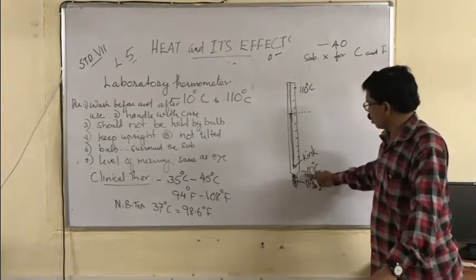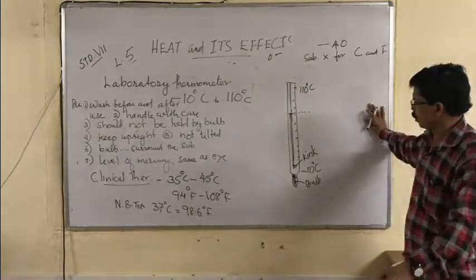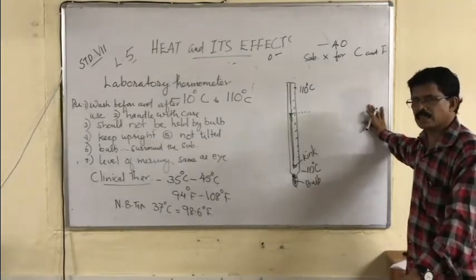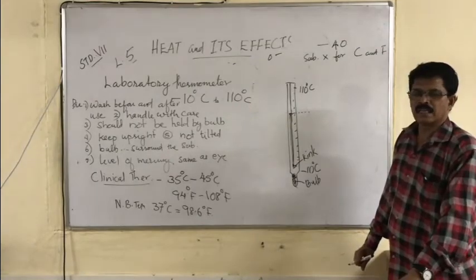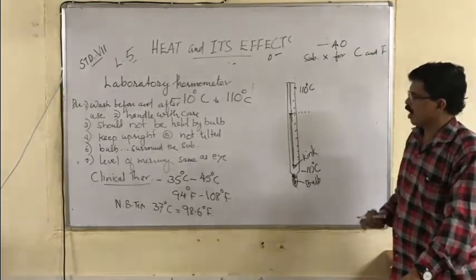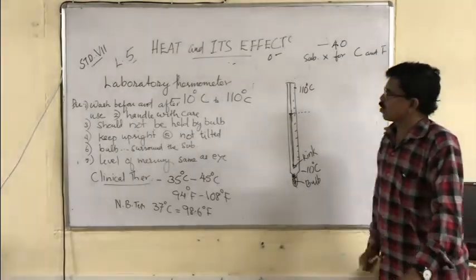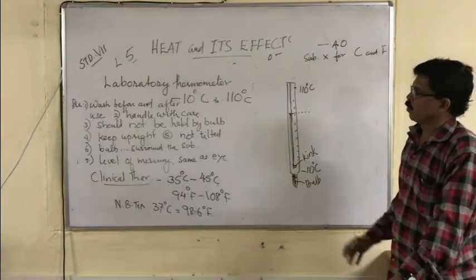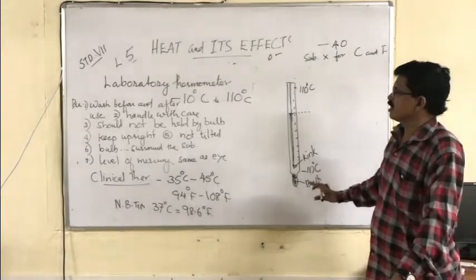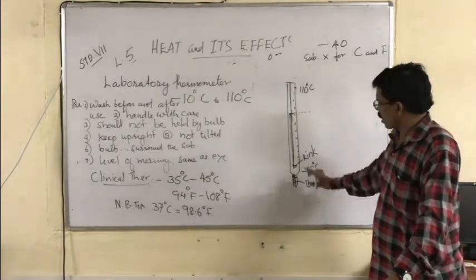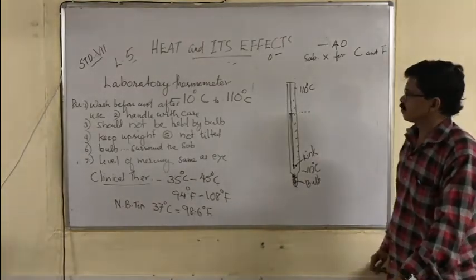So what is the lower fixed point? Minus 10 degrees Celsius, and upper fixed point is 110 degrees Celsius. Now there are some precautions to be followed while using the laboratory thermometer. We should wash the thermometer before and after use.